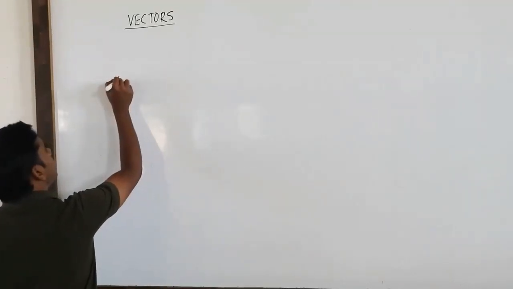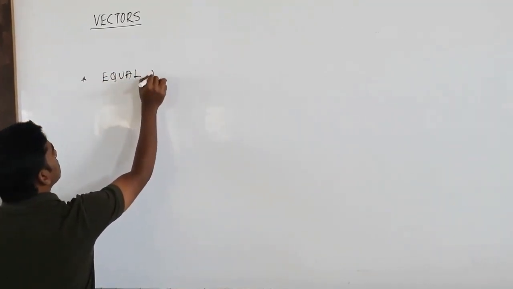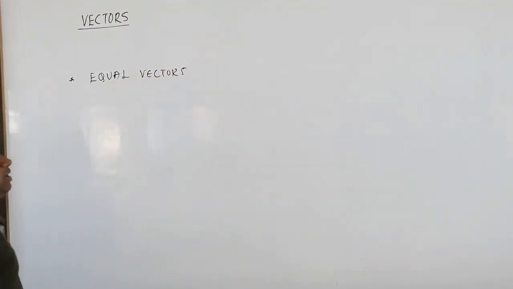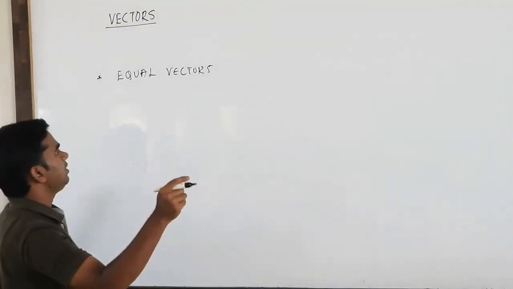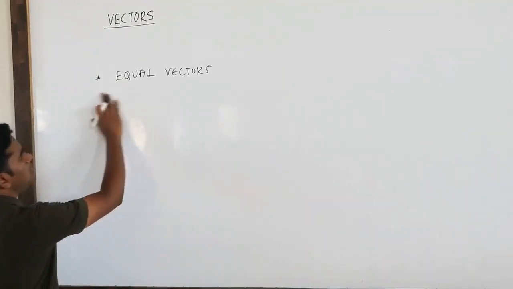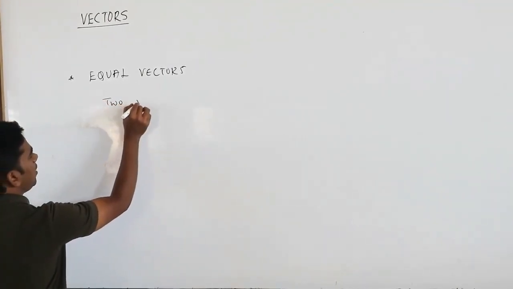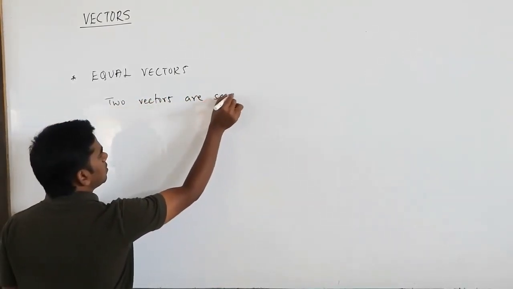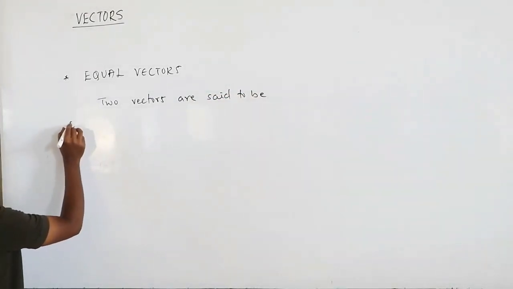Next we'll see a more important type, which we can call equal vectors. When can we say two vectors are equal? What about a negative vector? The magnitude is same but direction is opposite. Then what about equal vectors?